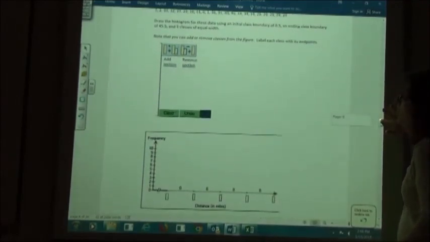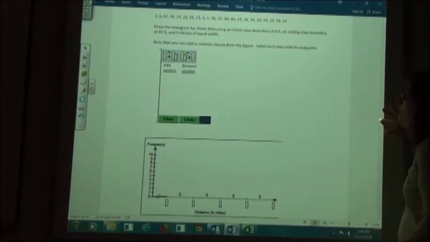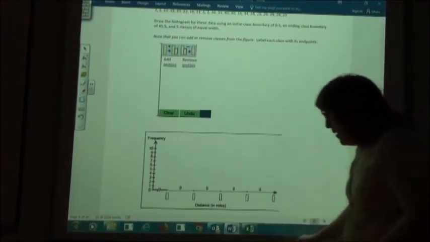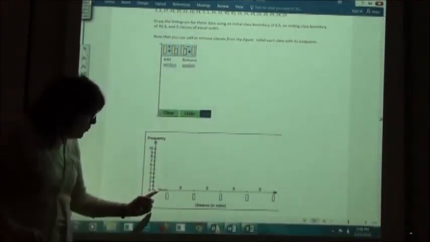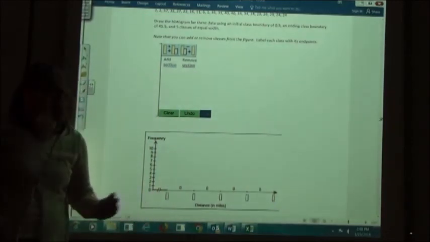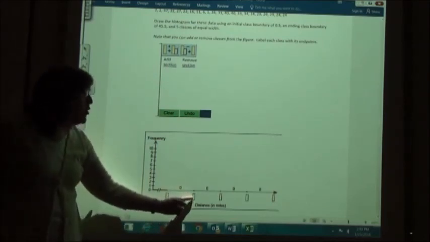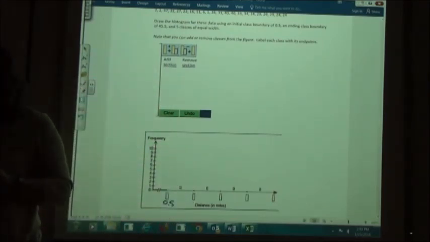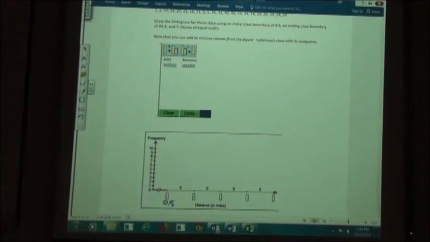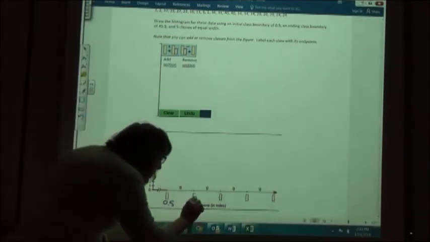There we go. So on ALEKS, they are going to make you put in the values. Notice they have the little 2 breaks here. That means you're not starting exactly at 0. In this case, we're starting at 0.5, right? That's where we started. Our next class or our next value, because we figured out that each of them had to be 8, we're going to add 8 to 0.5. So this one would be at 8.5.